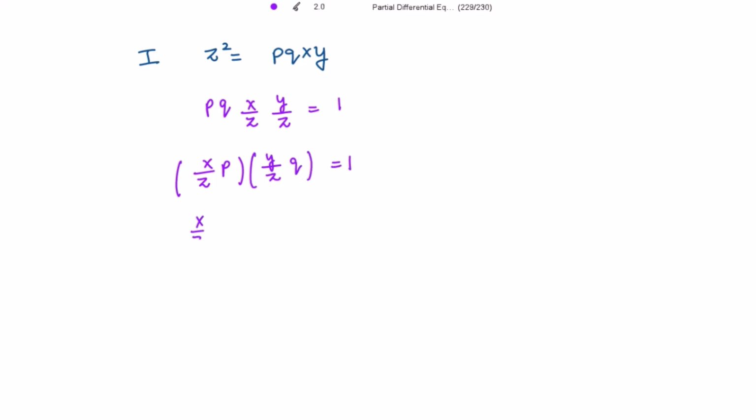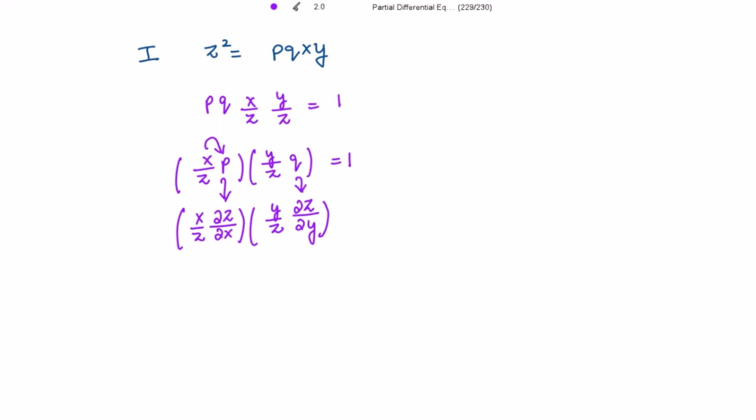And we know what p is: it is the partial derivative of z with respect to x, and q is the partial derivative of z with respect to y. That is why I have taken x by z with p, because p is the partial derivative of z with respect to x, and q is the partial derivative of z with respect to y, equal to 1.